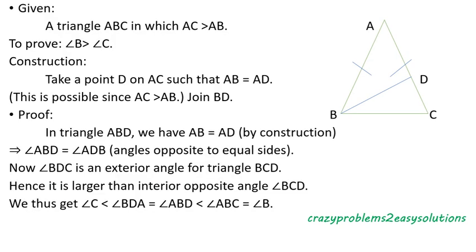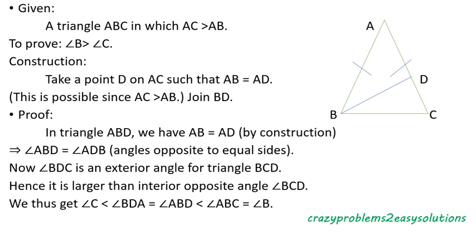Given ABC is a triangle in which AC is greater than AB, because these two sides are not equal. So we have to prove that angle B is greater than angle C. Construction: take a point D on AC such that AB equals AD.